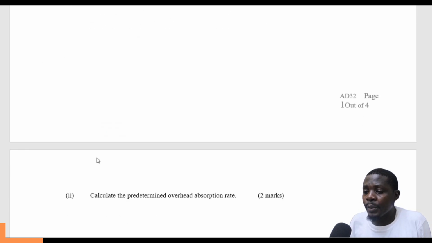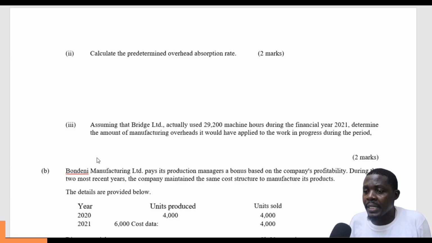Then, Roman 2, calculate the predetermined overhead absorption rate. Then, Roman 3, assuming that Preach actually used 29,200 machine hours during the financial year, determine the amount of manufacturing overhead it will have applied to work during the period.